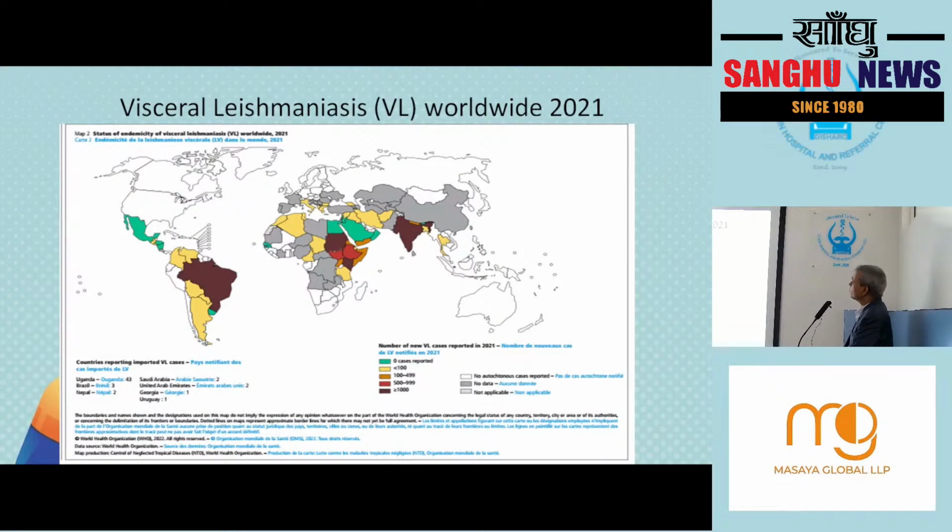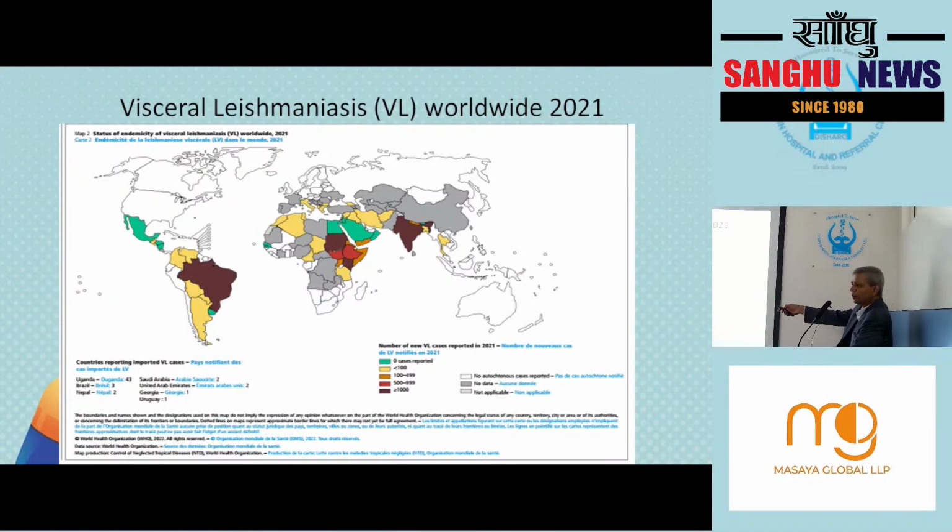This is the map where we can see visceral leishmaniasis in 2021. Our neighboring country India, and Brazil, report more than 5,000 cases per year.